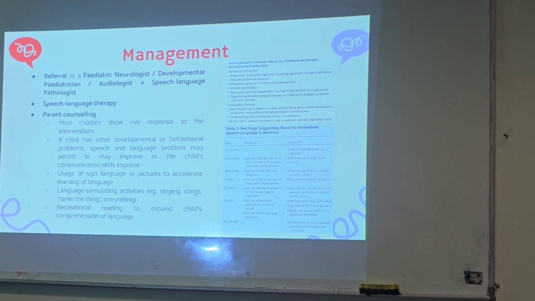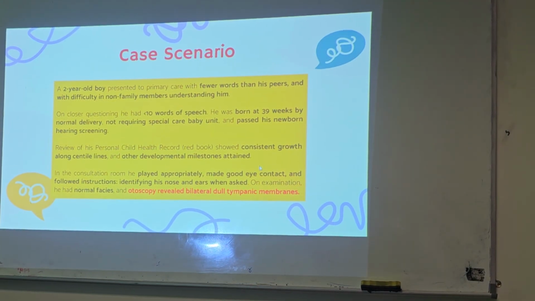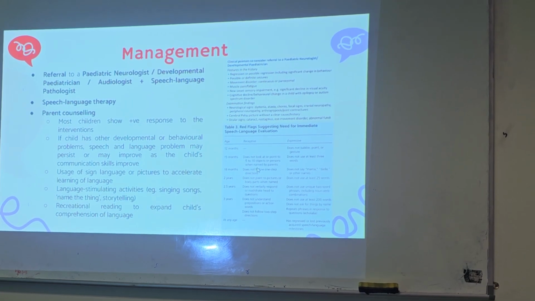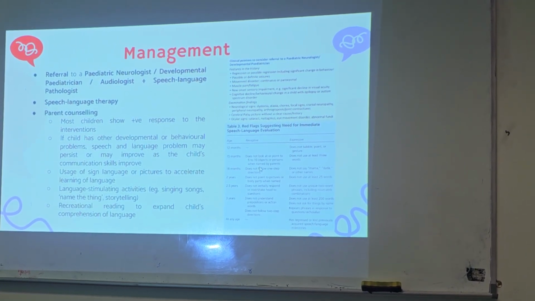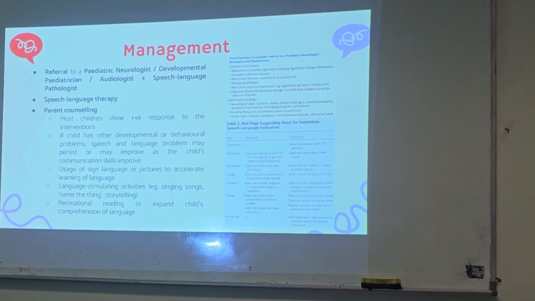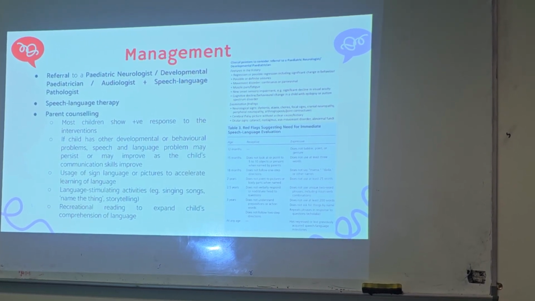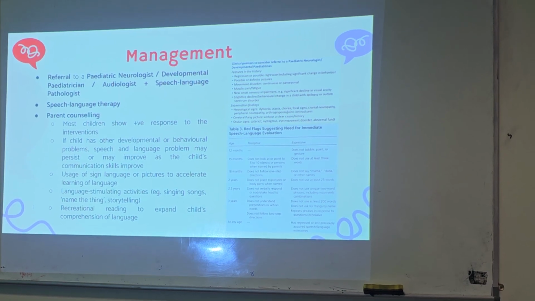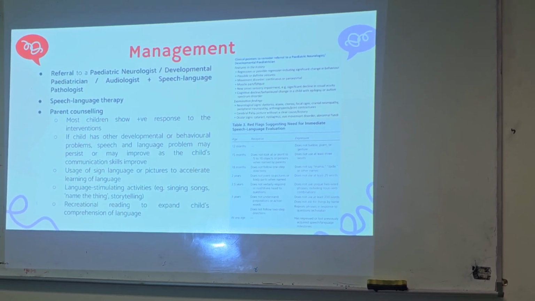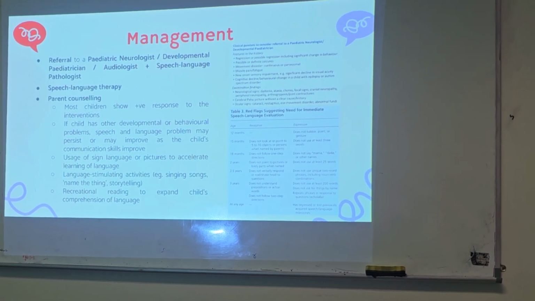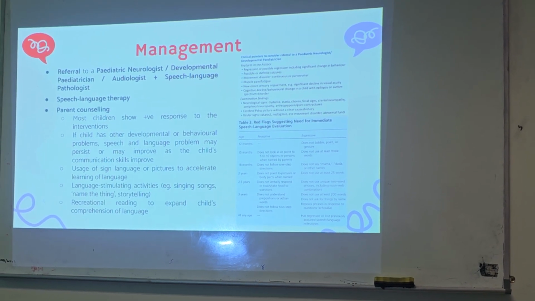And if they do have other developmental or behavioral problems, we need to be honest with them and not hide the fact. We cannot say they will definitely be okay. Sometimes they may improve as they grow up, but sometimes they might not have any improvement and the problem may persist.